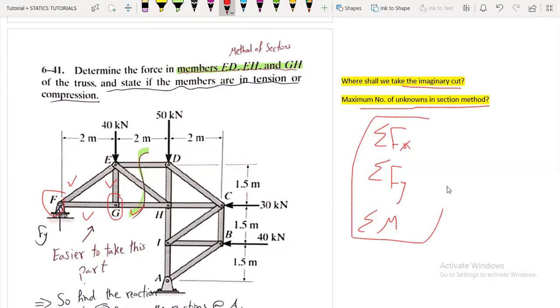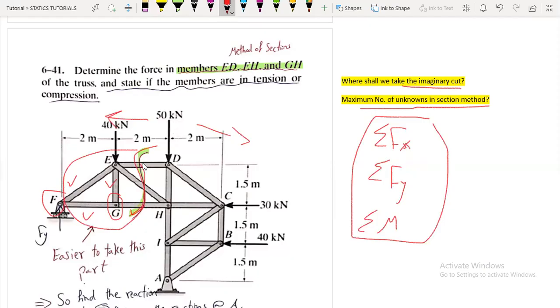Okay, the other thing I should say is that the method of sections says if the whole truss is in equilibrium, when we take a cut or imaginary cut, we can take either part. Okay, we'll choose, of course, the easier section or part, and each part will also be in equilibrium.